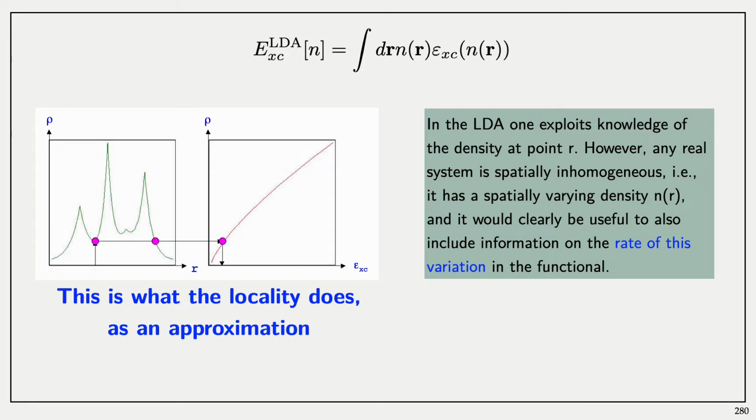So those two purple points on the left, which have exactly the same density but clearly correspond to different behavior of the density, actually correspond to the same energy, so they would contribute the same way to the exchange correlation energy. So clearly, we showed that the LDA is actually fairly successful thanks to cancellation of errors, but that's clearly kind of a shortcoming, right? So that's what we do in LDA.